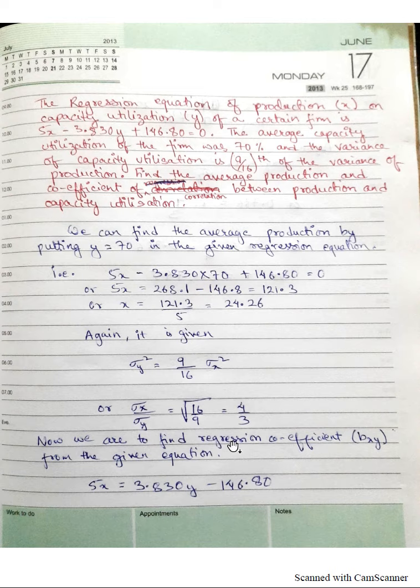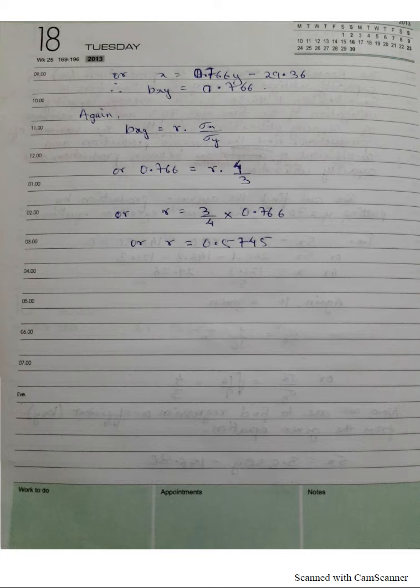Now we are to find the regression coefficient bxy from the given equation. So we are given the regression equation of x on y. So we take 3.830y and 146.80 on the other side, we get 5x is equal to 3.830y minus 146.80. We just took this to the other side to bring this to the actual form.